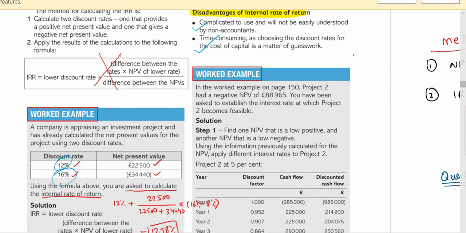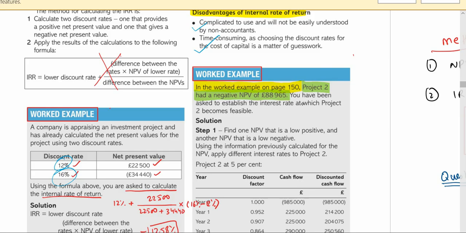As per the previous example in the worked example on page 150, project 2 had a negative NPV of 88,965.